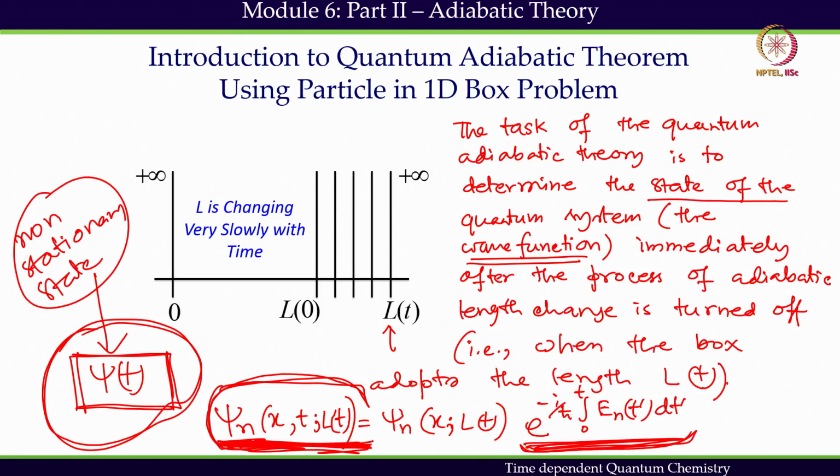That is the general consequence of any time evolving system, because whenever the system is evolving in time, the system cannot stay in the stationary state. This is a stationary state at time t, which means for a particular length of the box, this is a stationary state.